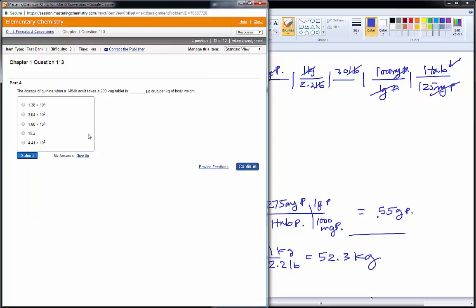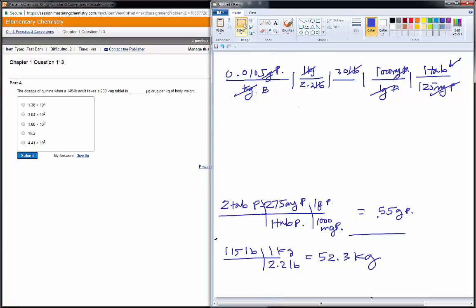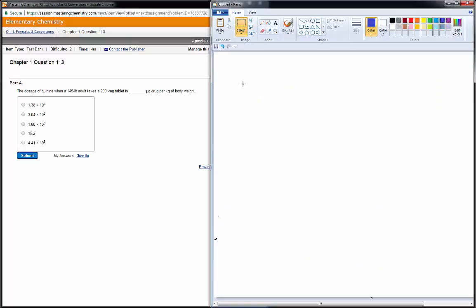Now they want us to calculate the dosage in microgram of drug per kilogram of body weight. So if we do this, we've got a 200 milligram tablet in a 145 pound adult. Put that in per kilogram. 1 kilogram is 2.2 pounds. So your pounds cancel. I've got kilograms on the bottom, just where they want us.